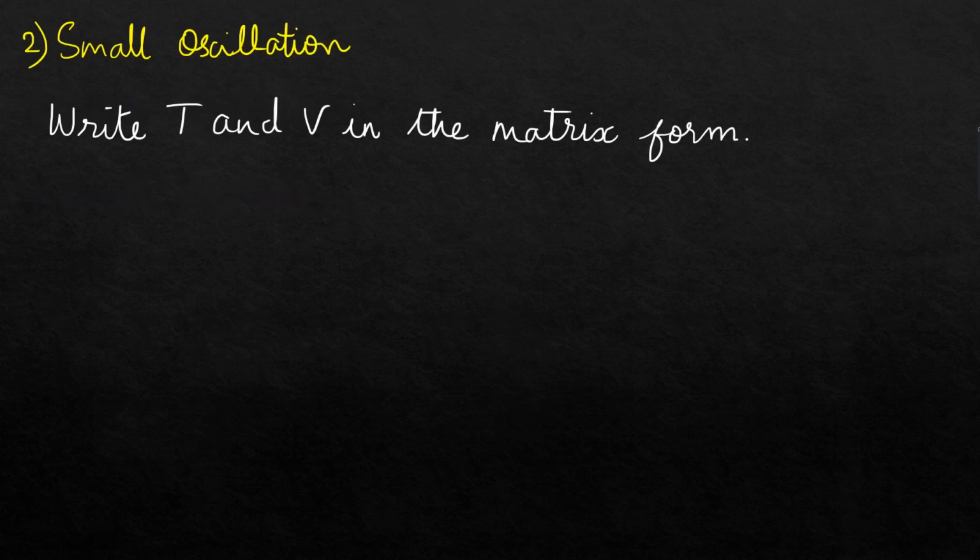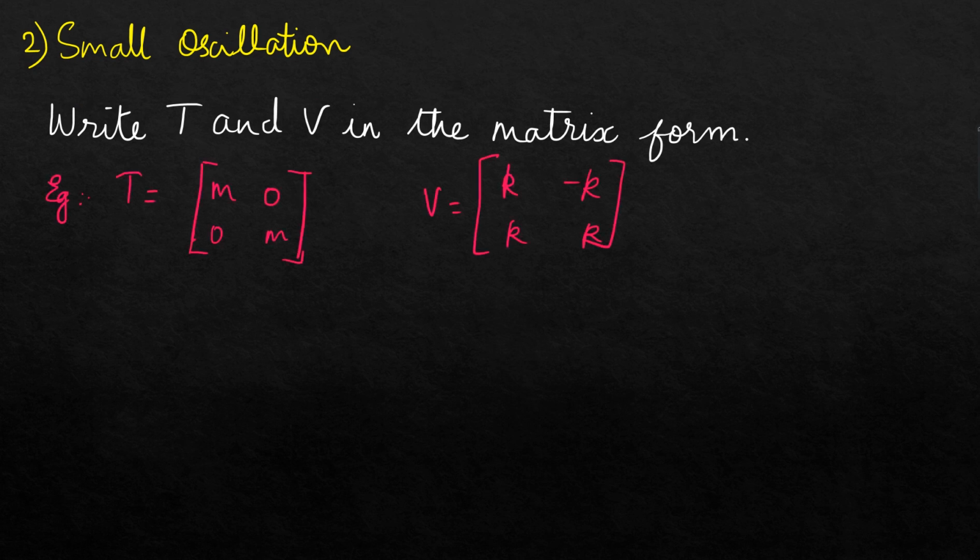And here you have to write your T and V in matrix form, in their exact form. This is just one example. You first make your T and V in their exact form, that is, T is half m x1 dot squared plus half m x2 dot squared, and V is half k x1 squared plus half k x2 squared plus 2k x1 x2, like that.